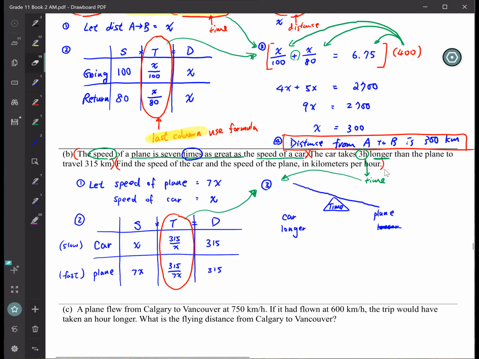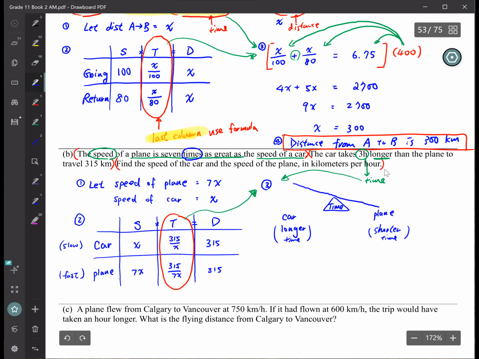Okay. So you have left side is longer time, right side is shorter time, right?